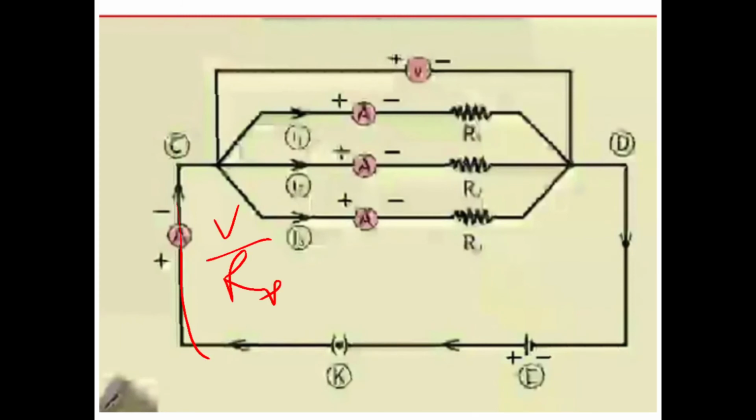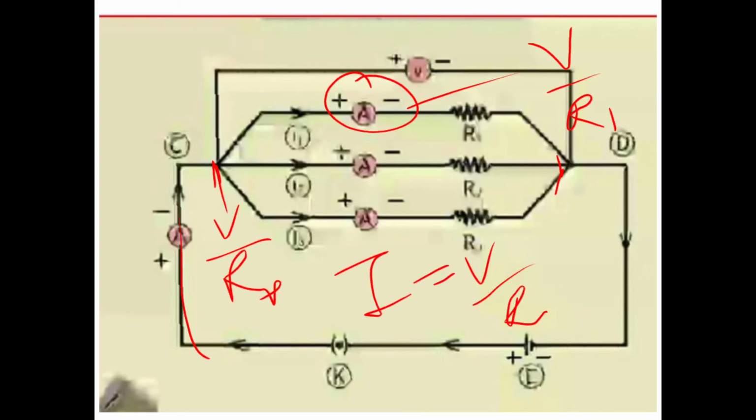But when it comes to here individually, this will have a current of V upon R1. The potential difference is the same because they are connected to the same two points. Between two points, they have the same potential difference. Right? So here we have I1 equal to V upon R1, I2 equal to V upon R2, and I3 equal to V upon R3.